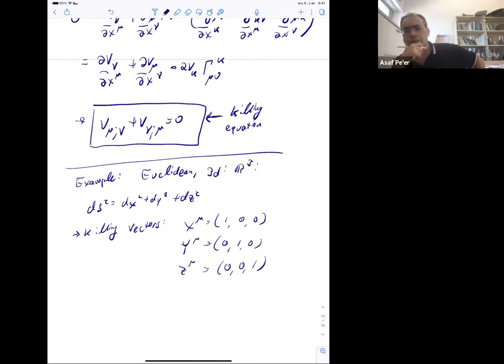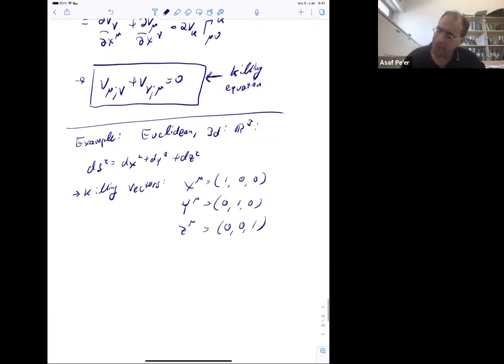But I told you these are not the only ones, because we also have rotations. Right? But how do we see the rotations? So the easiest way is to write down the same space using spherical coordinates.